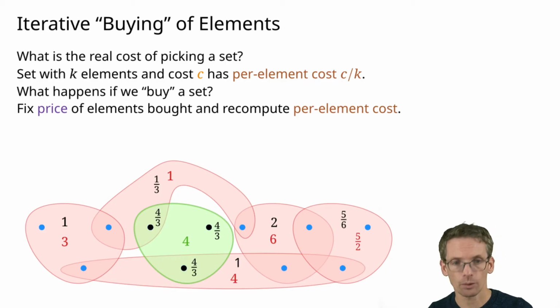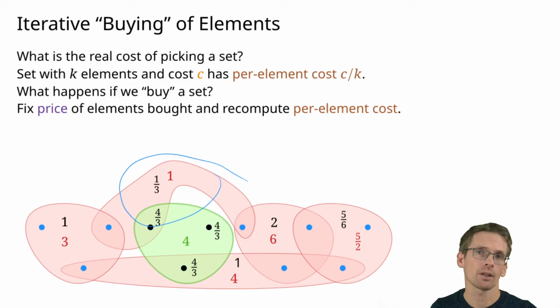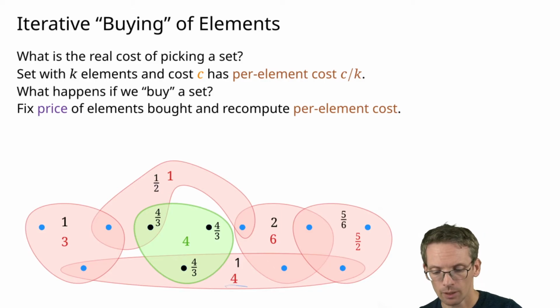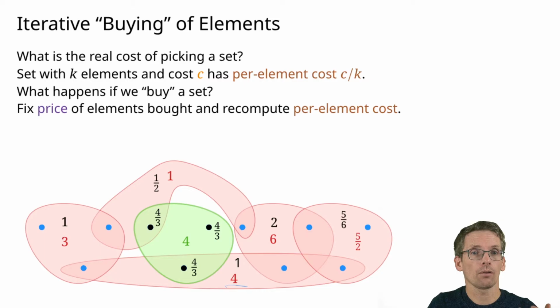So for instance, for the set up here, where I only have 2 elements left, now the per element cost goes up to 1/2. Or for the set down here, now only 3 elements are left, so now I have a per element cost of 4/3.